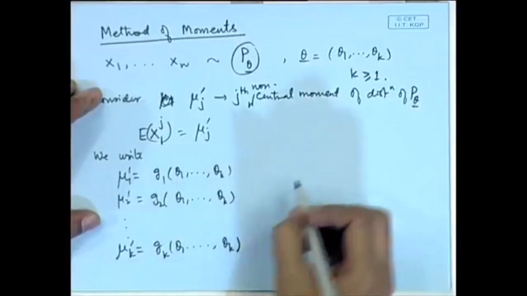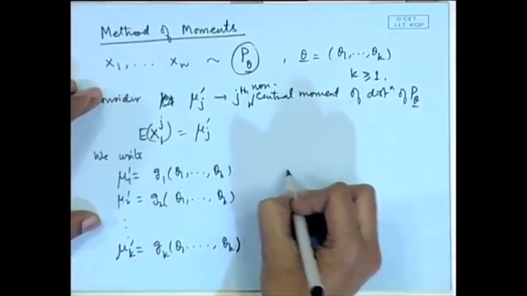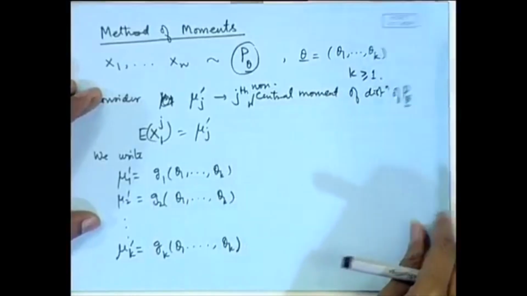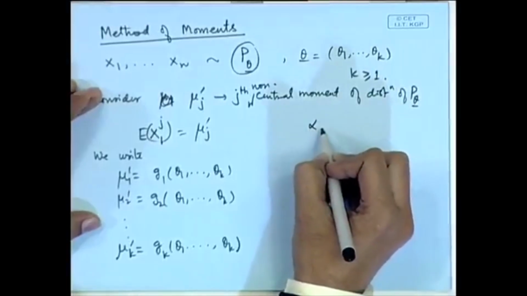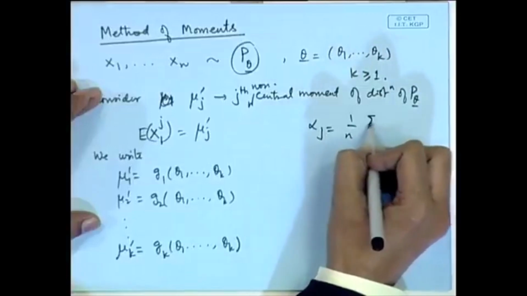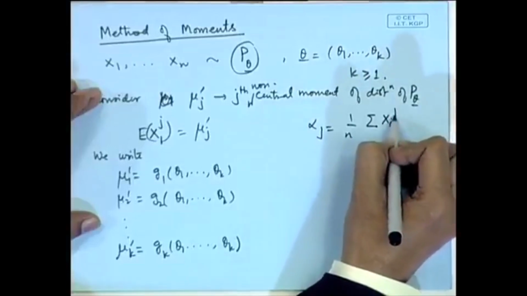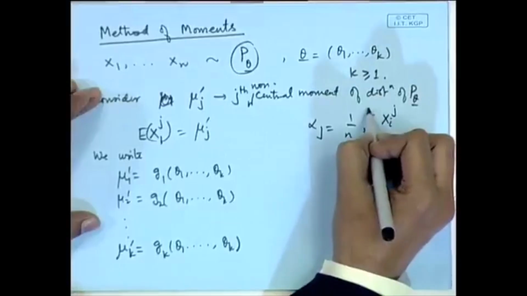Now, to estimate, let us write here, I define alpha_j to be 1 by n sigma x_i to the power j, i equal to 1 to n.